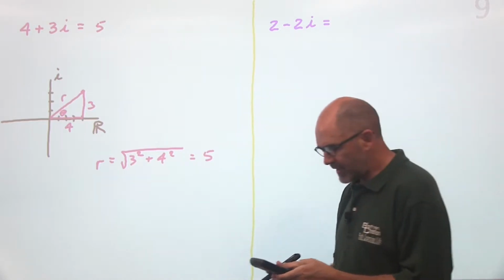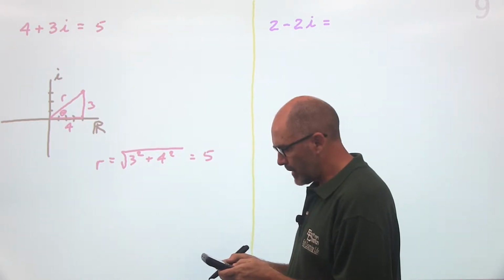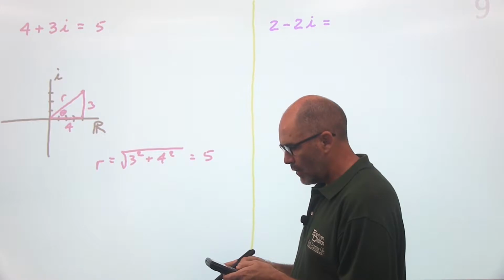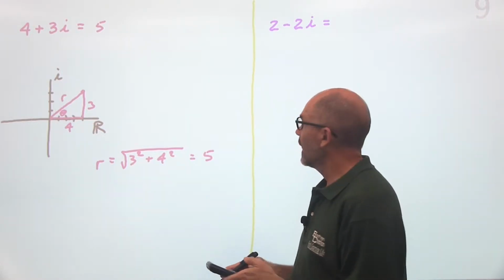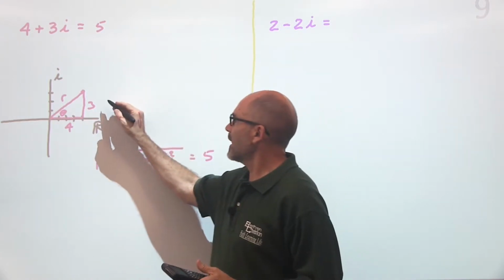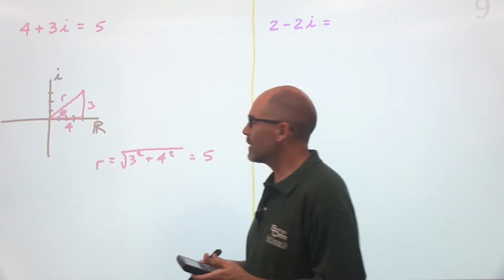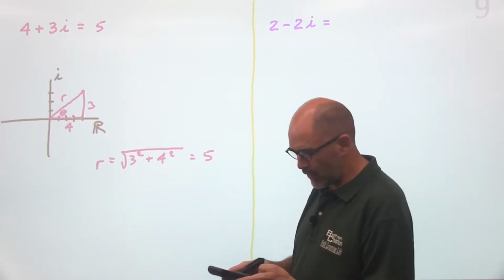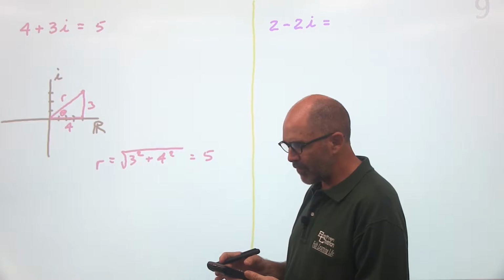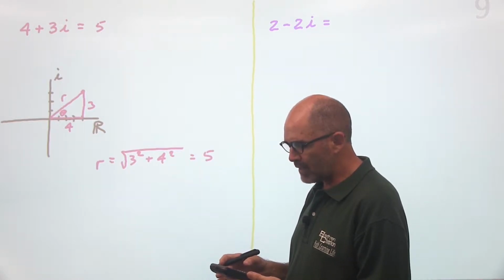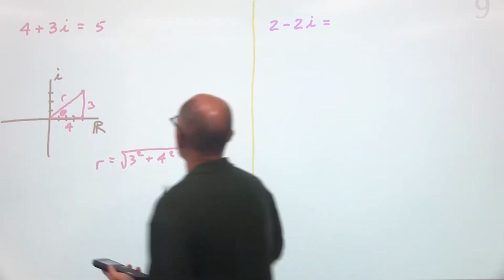Now, we want theta in terms of radians. So I make sure I'm in radian mode. And then I go inverse tangent of 3/4. I don't have to go 3 divided by 4. I know that's 0.75. And then just go inverse tangent, and bam, there it is, 0.6435 radians. So 0.64 radians.